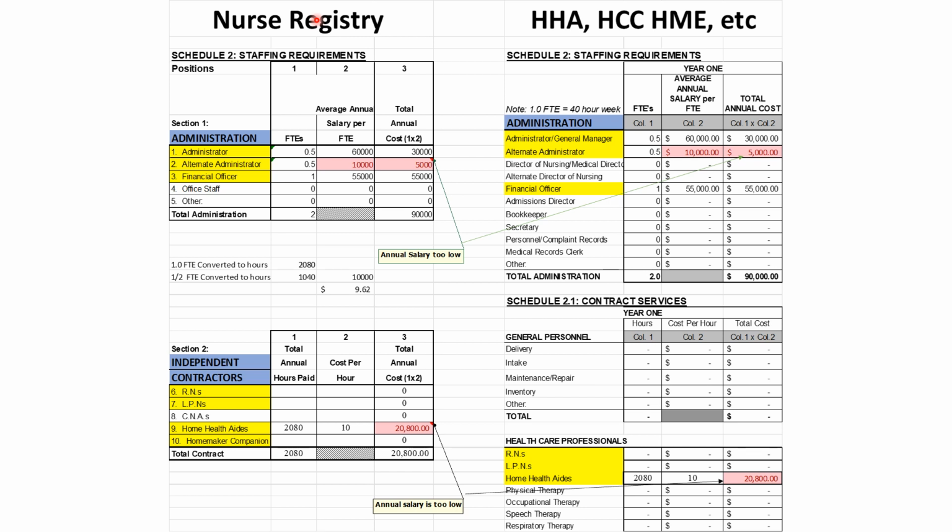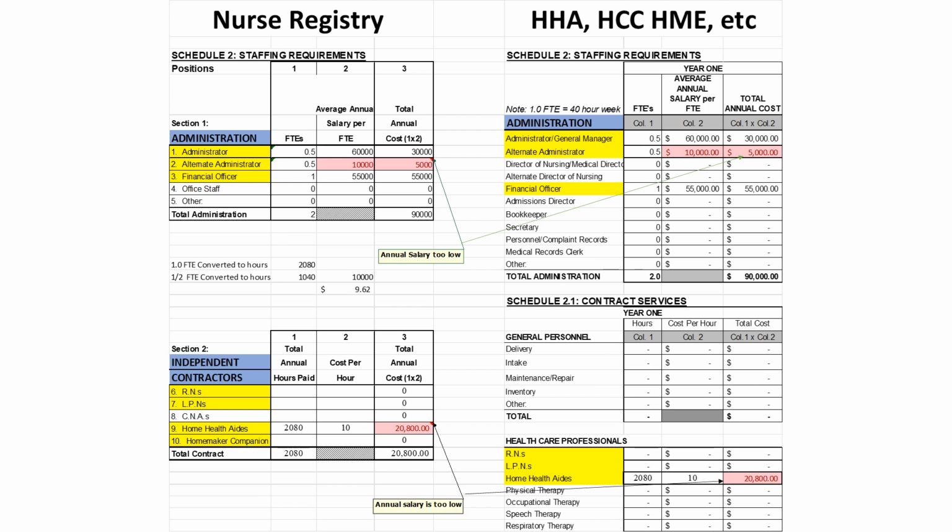Different parts of Florida require different types of payments to contractors and employees depending upon the standard of living. So bear in mind that the annual salary for administrators is asked and the cost per hour is asked.